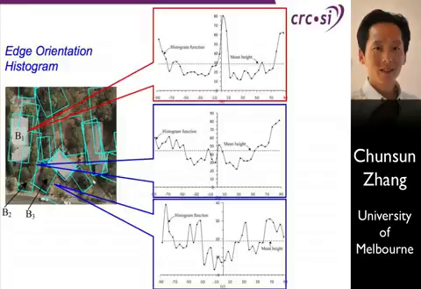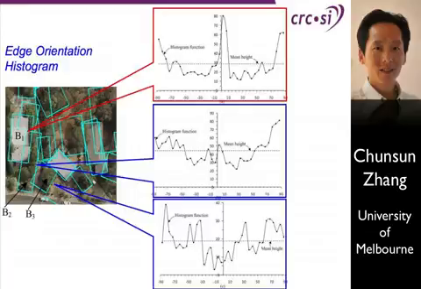A lot of people use image edges for the reconstruction of man-made objects, because usually man-made objects like buildings and roads have long, strong edges compared with other objects. But here we make a further effort: not only do we use geometric edges or shape, we also use the distribution of the edge orientation.